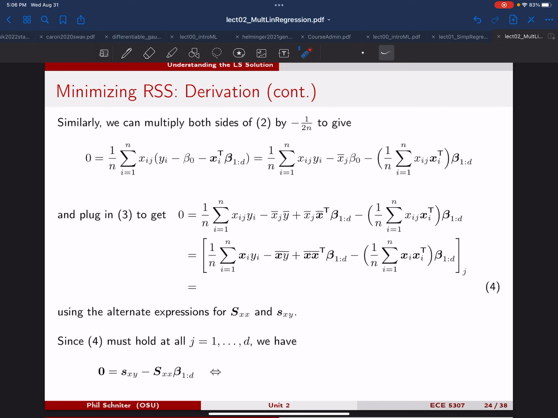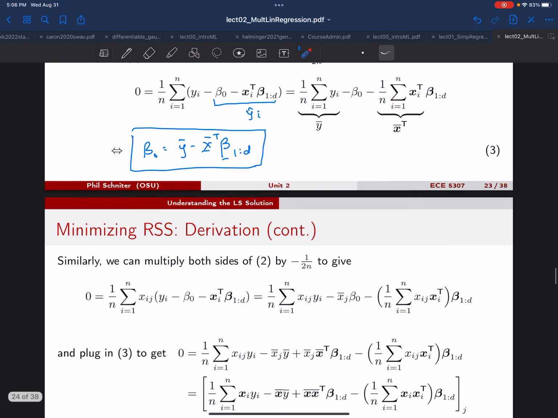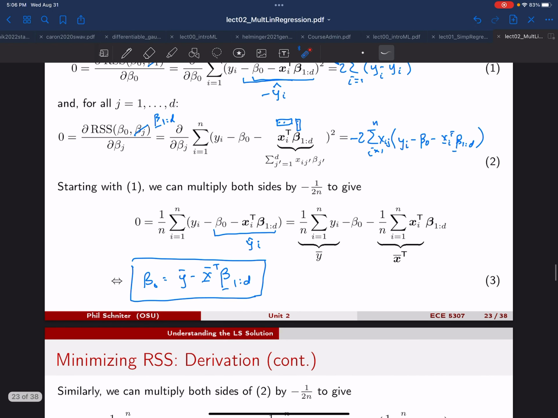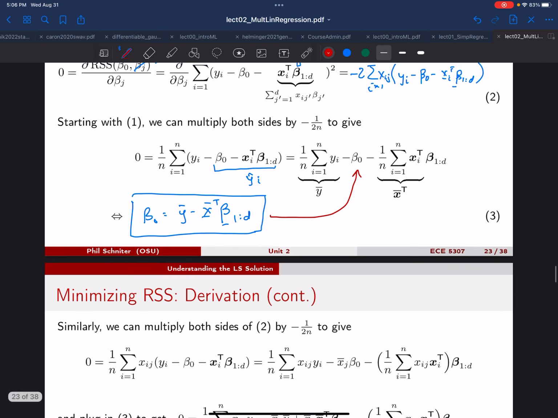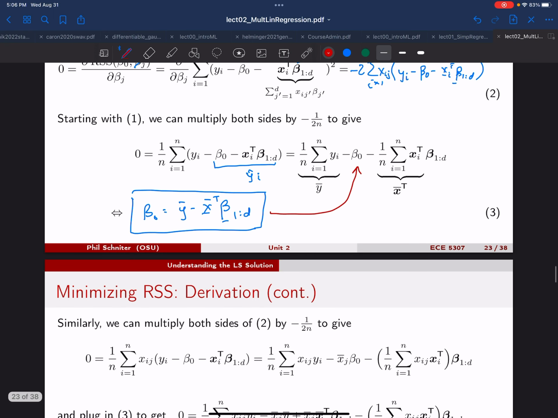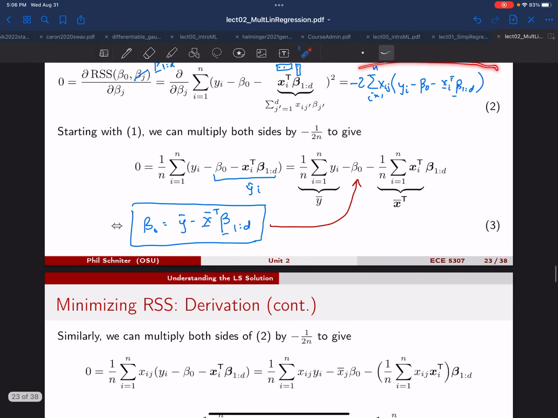Okay, so we just have one more to do. It's very similar to the last page. What we can do now is plug in this beta 0 in here, and then we can try to solve the rest of it. Sorry, this one is what gives us this.